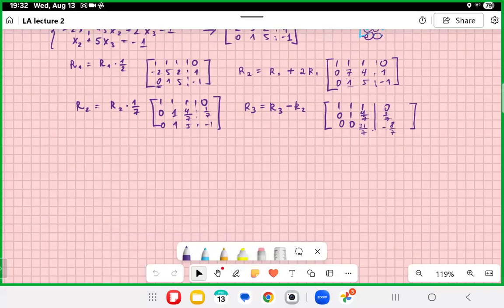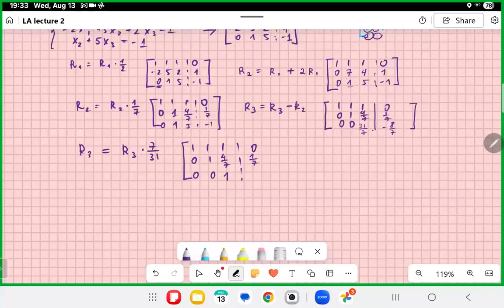So guys, sorry. We are returning back to our matrix. Now, we will need to turn this coefficient 31 over 7 into 1. How do we do this? We're going to take row number 3 equals row number 3 multiplied by 7 over 31, right? If you do this multiplication, 31 is going to cancel 31, and 7 is going to cancel 7. Which is not going to make my matrix very beautiful, but still not bad. 0, 0, 1.